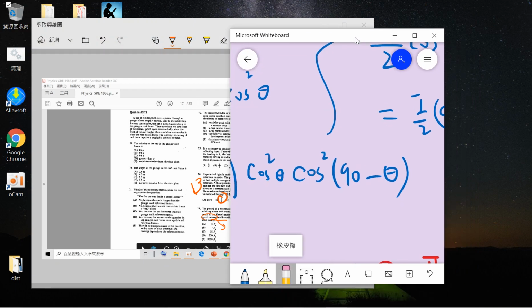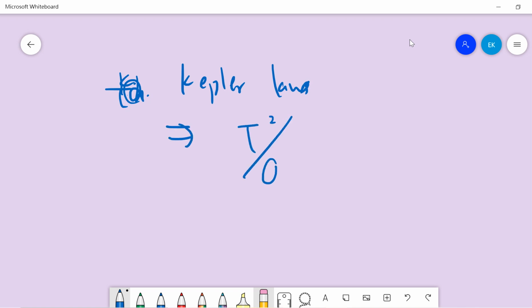Okay, so to solve 75 is easy. Remember Kepler's third law. So Kepler's law tells us that T cubed over the radius to the power 3 is constant.